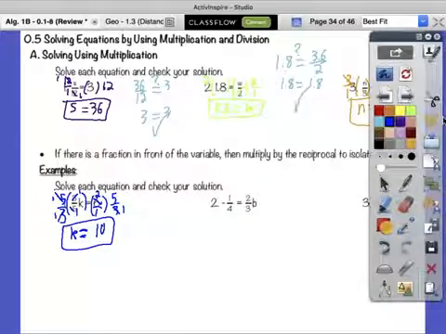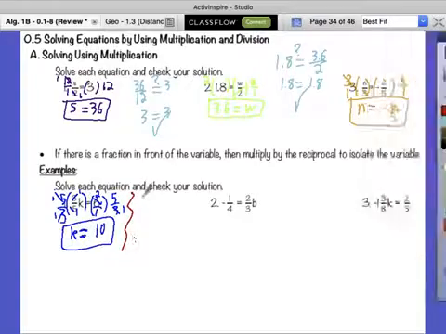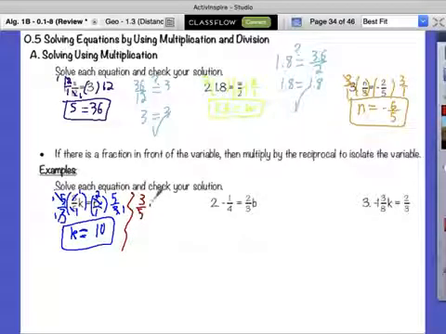And we can go through and check our solution here as well. 3/5 times 10 equals 6. Also, 10 over 1. Before we get our numbers big and then have to simplify down, we can simplify before we multiply.